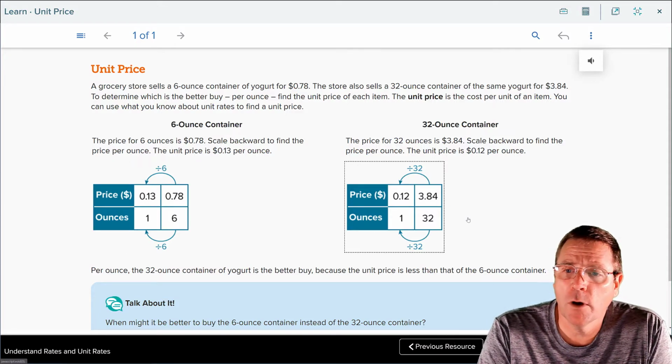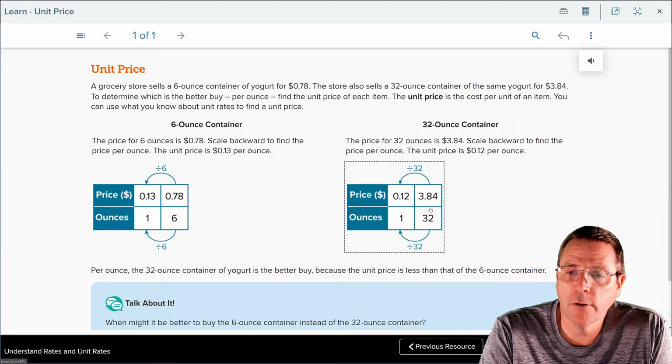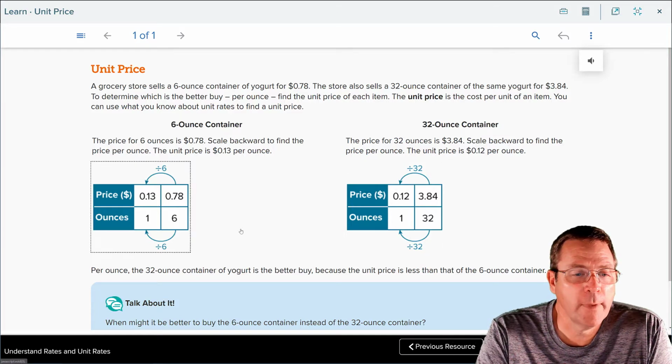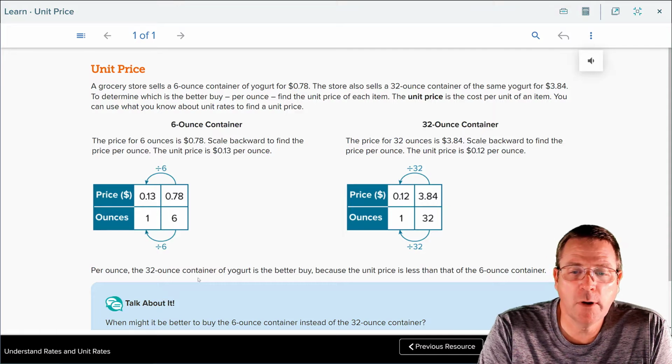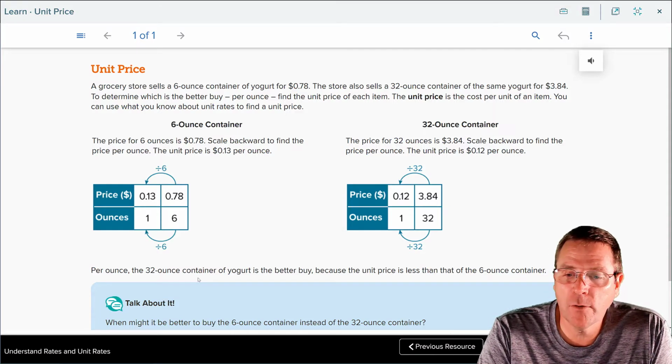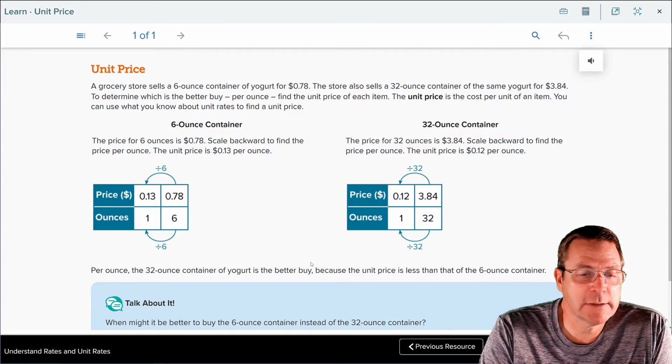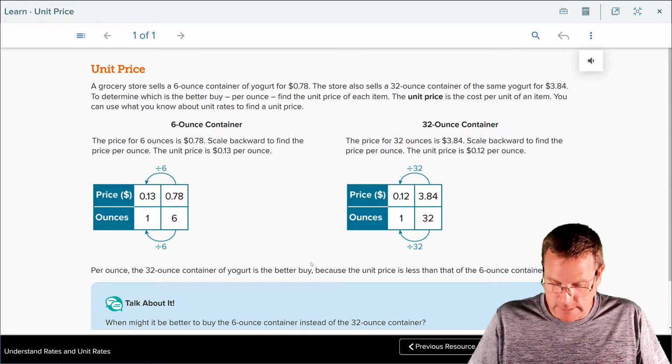And the second one, you have the 32-ounce container for $3.84. They divided top and bottom by 32, finding that it costs 12 cents per ounce. That means that the 32-ounce yogurt is going to be the better buy. The unit price is less than the price of the 6-ounce container.